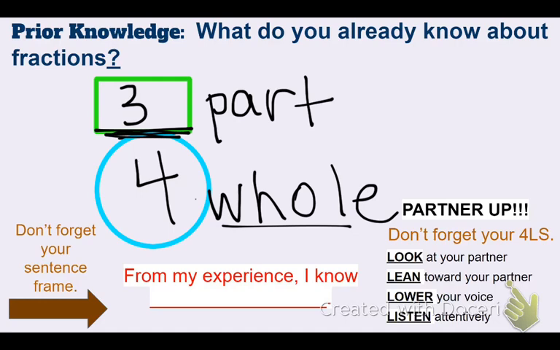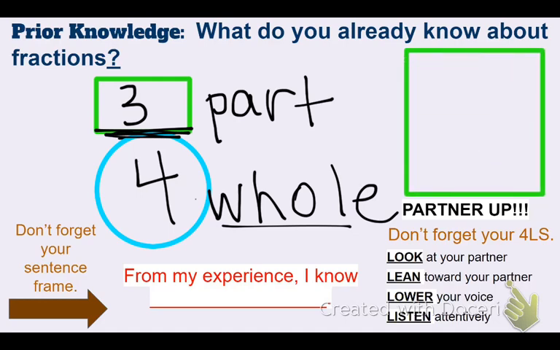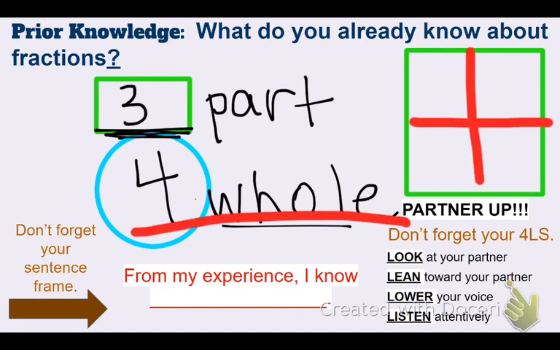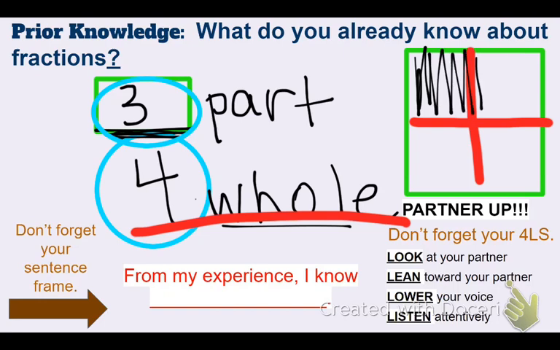So if I were to draw a visual of 3/4, or what does 3/4 look like, I would take 4, because we have 4 all together in the whole thing, and 3 parts out of 4 would be 1, 2, 3.